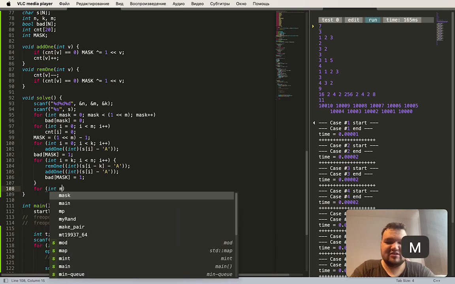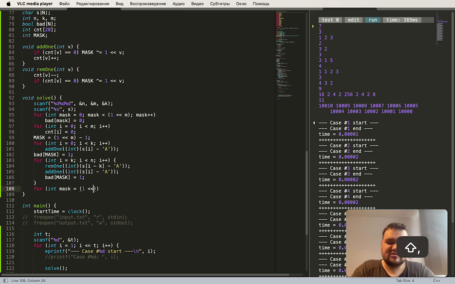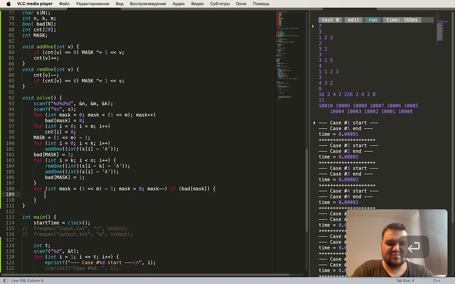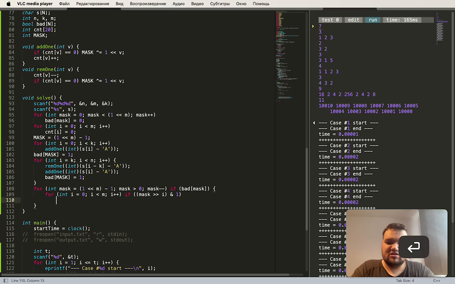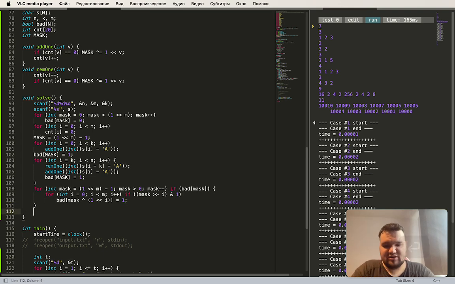Great. And now do the simple DP I was talking about. If this mask is marked as bad, then we need to try to remove the element from the mask and say that the result is also a bad mask.